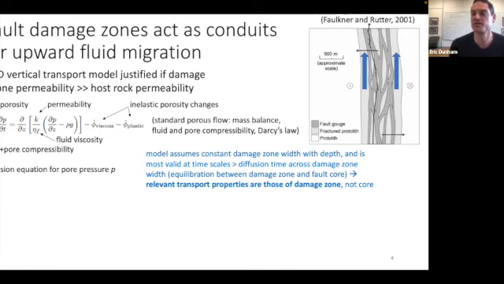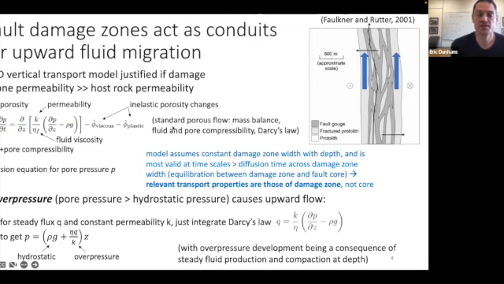This will break down over coseismic timescales. That's the perspective we'll take in this work, and that assumes that there is time for pressure equilibration due to fault normal flow between the damage zone and the fault core where slip is localized.